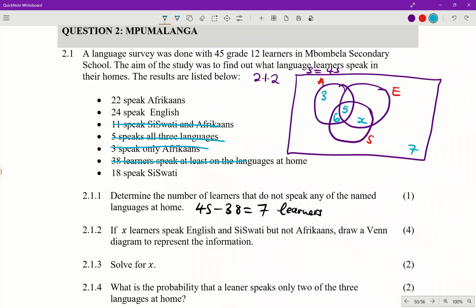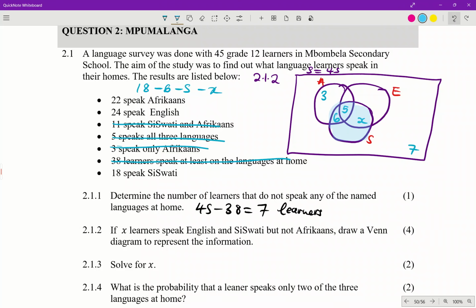So now let's remove that. 18 speaks Siswati. You see, we are left with this part to complete this Siswati. So you say 18, subtract 6, subtract 5, subtract x. Why am I saying this? Because if you're focusing only here, in the Siswati circle, the summation of everything has to give you 18 that speaks Siswati.